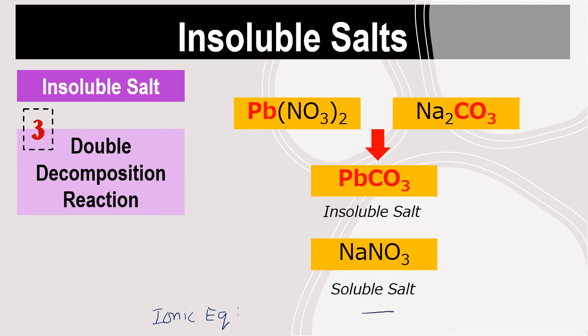Okay, so mula-mula kita tulis dulu insoluble salt yang terhasil, yang kita hasilkan tadi. Okay, so the ionic equation adalah ions needed to produce the salt. Okay, so lead ion plus carbonate ion to produce lead carbonate. Okay, so this is the ionic equation for the preparation of this insoluble salt.